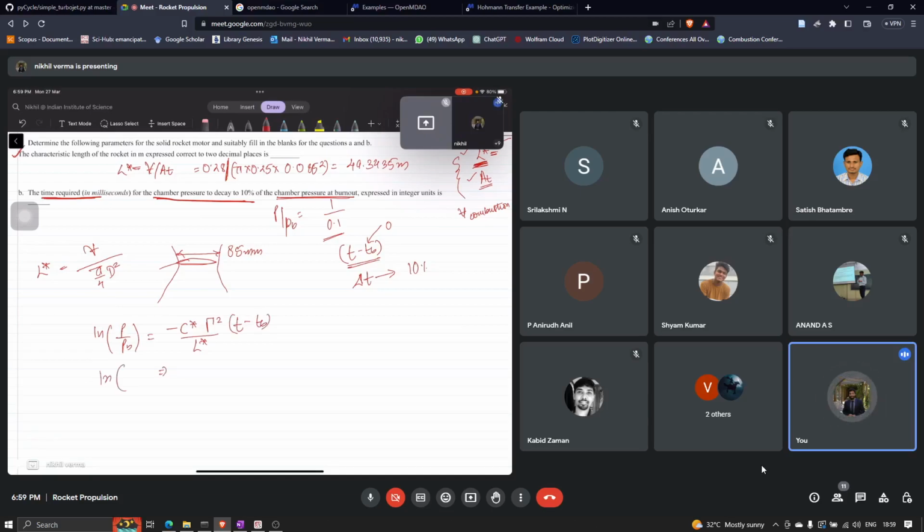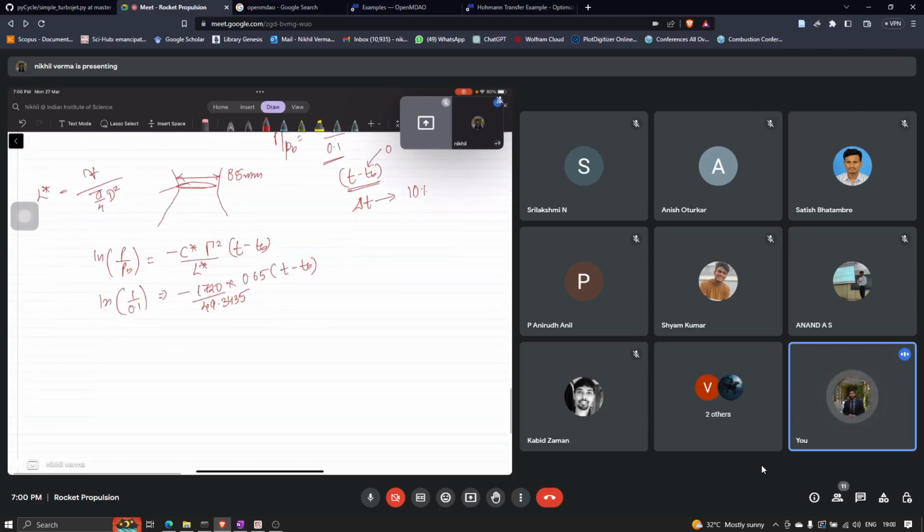It is given that P by P bar is 0.1, c star is 1720, divided by L star 49.3435, times 0.65, times t minus t burn.